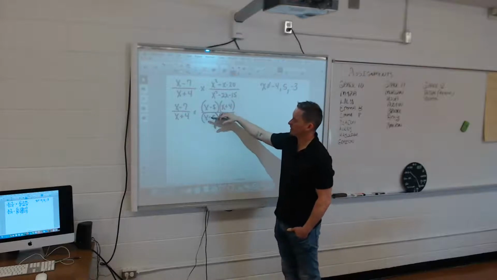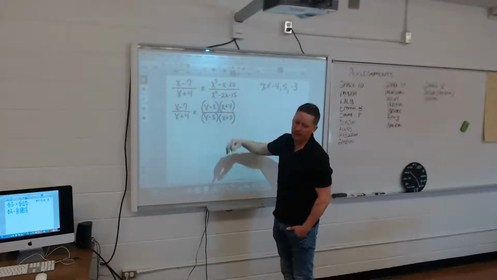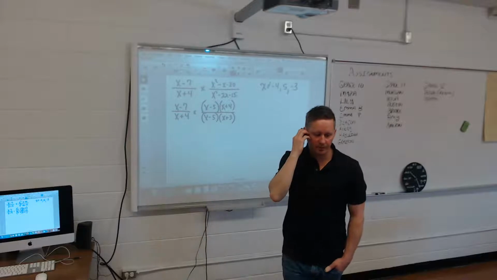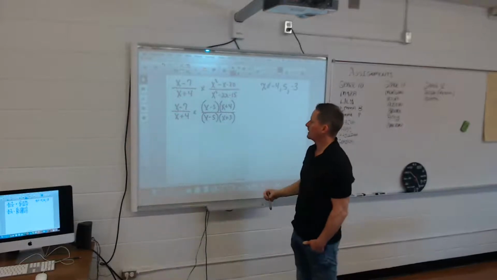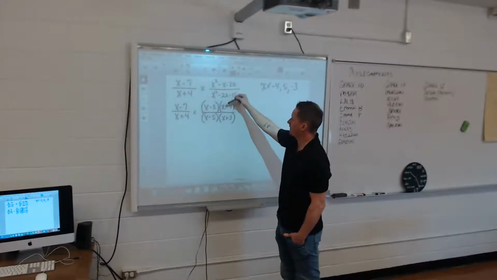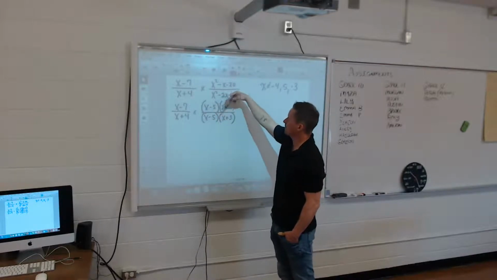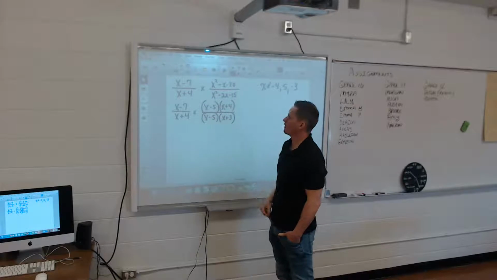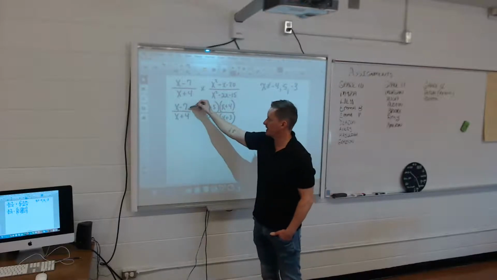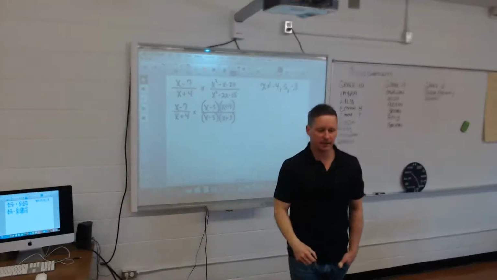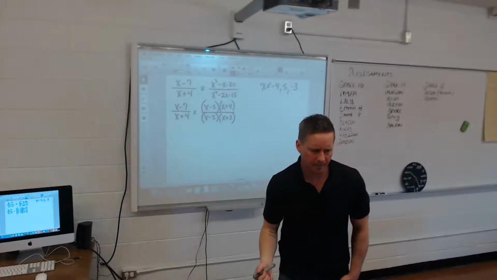So again, because I flipped this fraction, all of these have non-permissible values within them. Because if I, let's say right here, I put a 5 in, that's going to make this 0 down here. Doesn't work. All right, negative 4 doesn't work. So the only thing that we didn't have to work with was that x minus 7 because it's only a numerator.